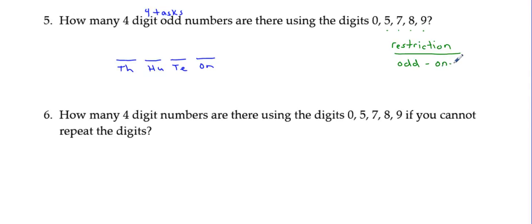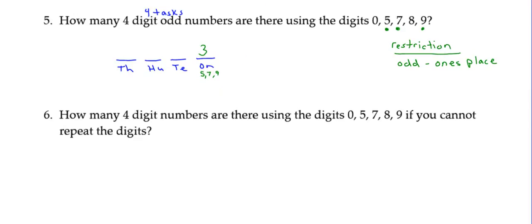For an odd number, that just means that the ones place value has to be an odd number. So in the ones place value, it could only be the 5, the 7, or the 9. So there's only 3 possible outcomes that could go in the ones place value.